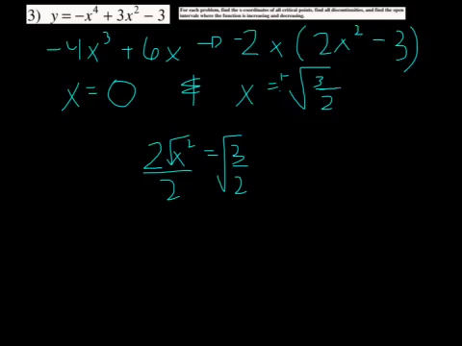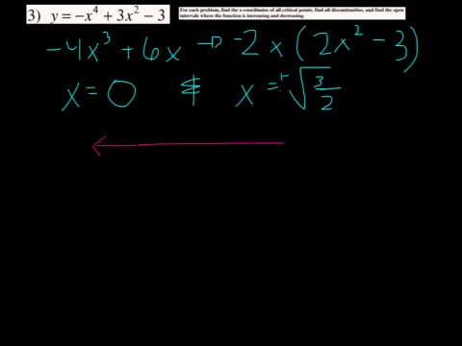Okay, so let me just erase this for more room. Okay, so now that we have these two x coordinates, we have to plot the points. So the points would be 0 in the middle, so this would be 0. And if this is 1 and this is negative 1, then hold on, let me figure out what the square root of 3/2 is.